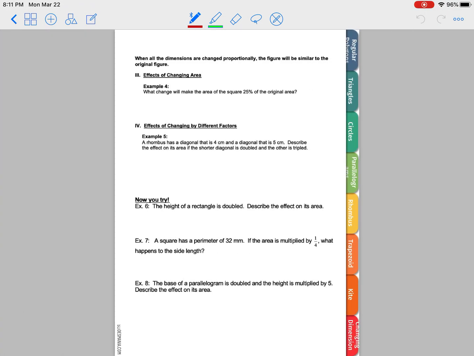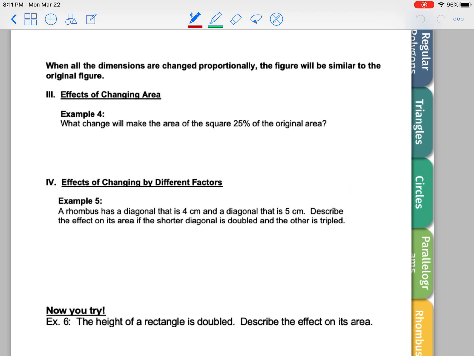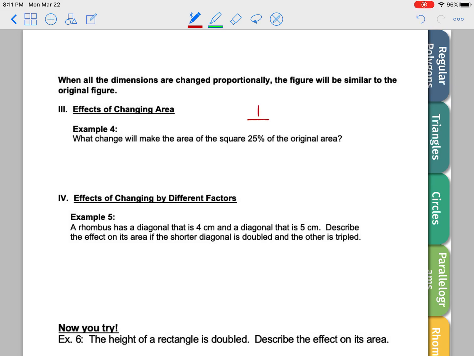So let's go back here to the next page. All right, so the next one says, what change will make the area of a square 25% of the original area? Well, this one's kind of working backwards, and we know 25% as a fraction is 1/4, okay? We are talking about a square, so remember formula is side squared, but we want to list those out.